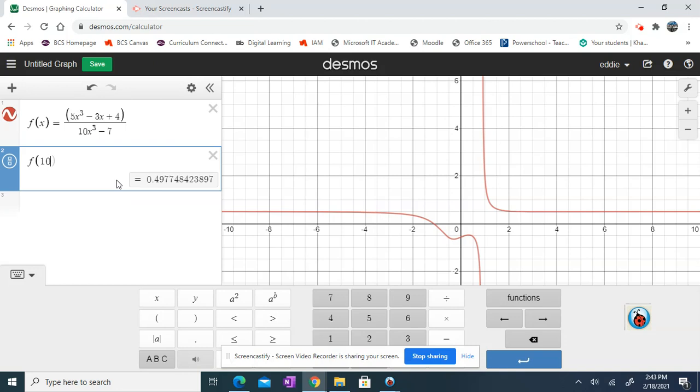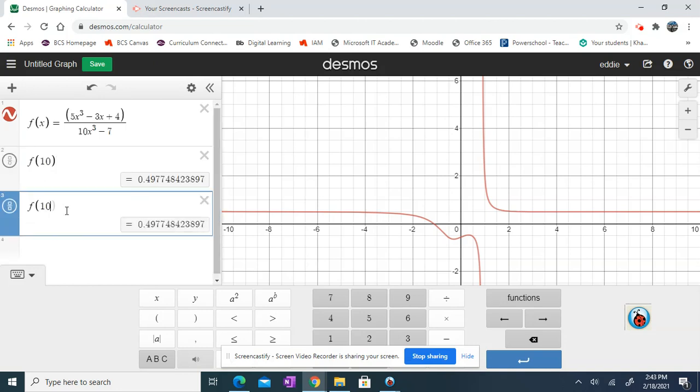What does that equal? Really close to 0.5, right? Let's do f of 100. Even closer to 0.5. It looks like it crossed it, and then it's approaching it from underneath.